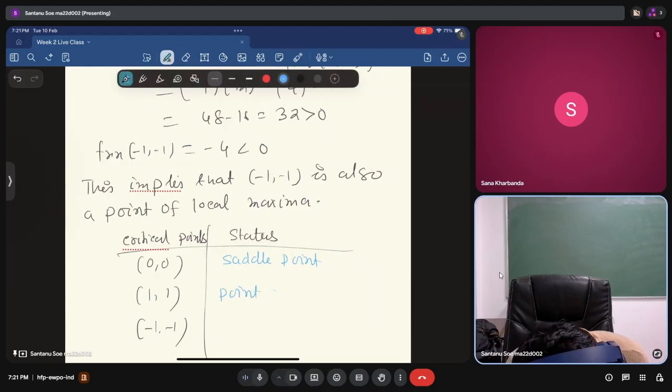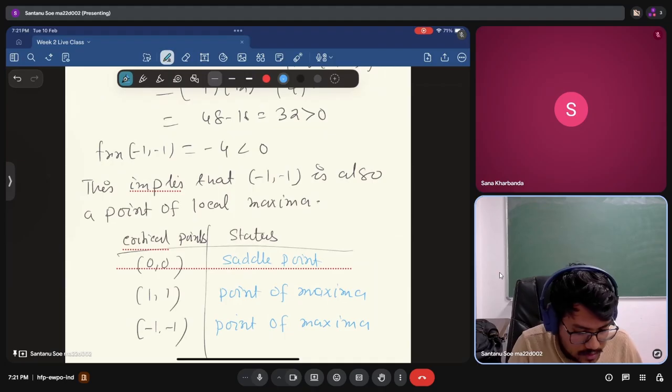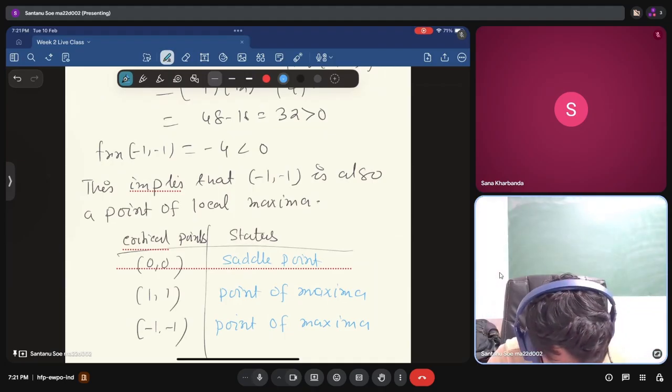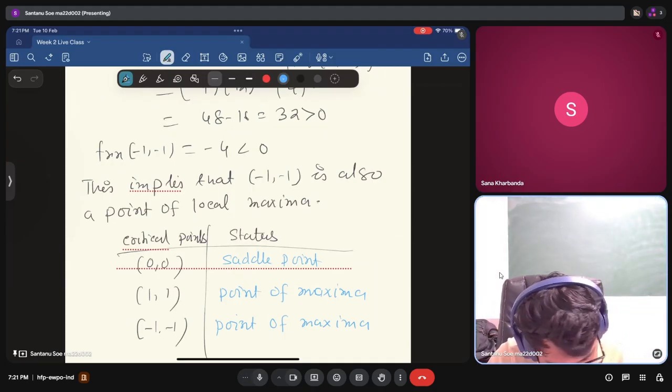So this is a point of maxima, and again this is also a point of maxima. Hence we get one saddle point and at least two, or maybe exactly two points of maxima.